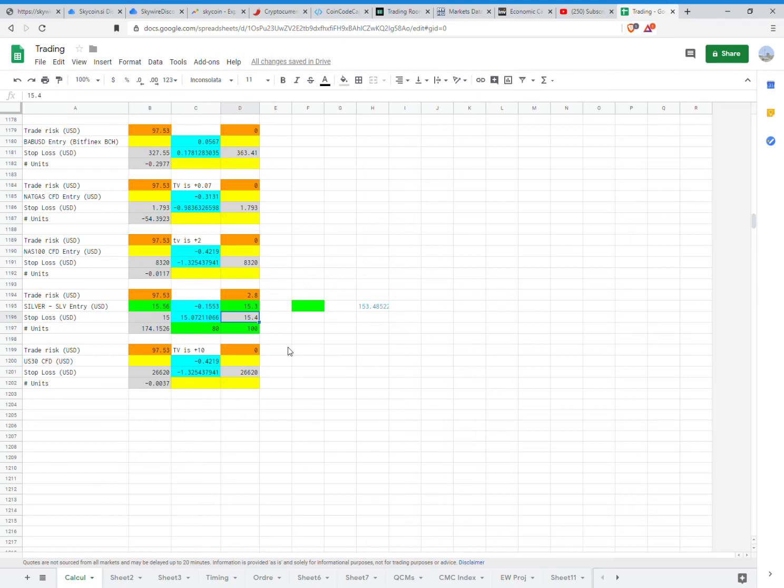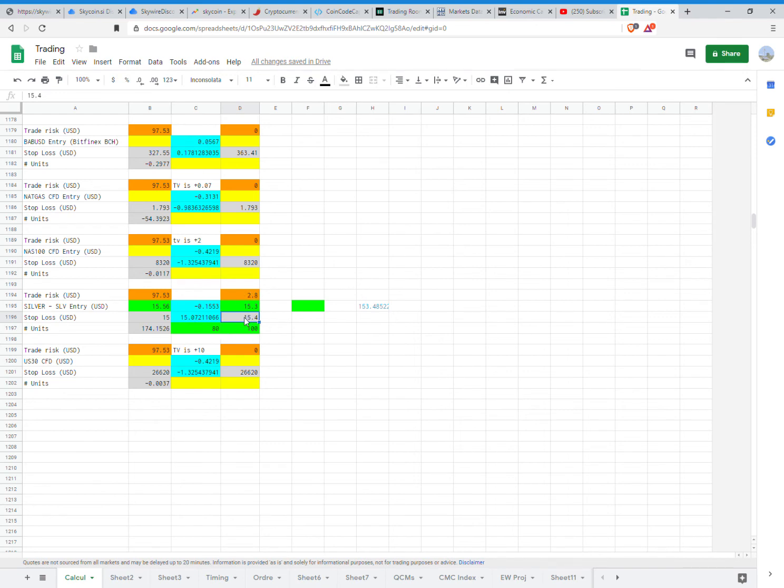So 15.4 is interesting. At 15.5, I would be in profit. At 15.4, I'm not going to play around for the $2, but you get the idea. Let's say the course right now is about $16, and placing my stop at 15.4 is about the break-even. You could play with one more decimal or whatever to bring it down to exactly 0.